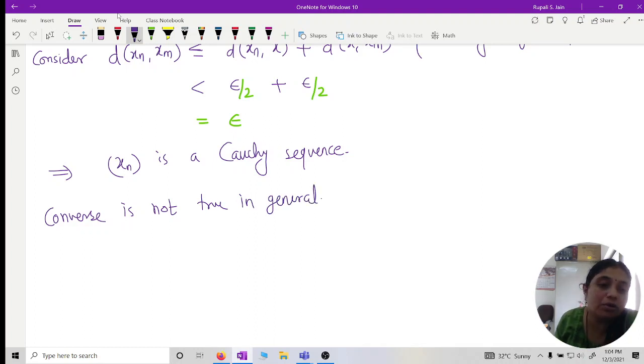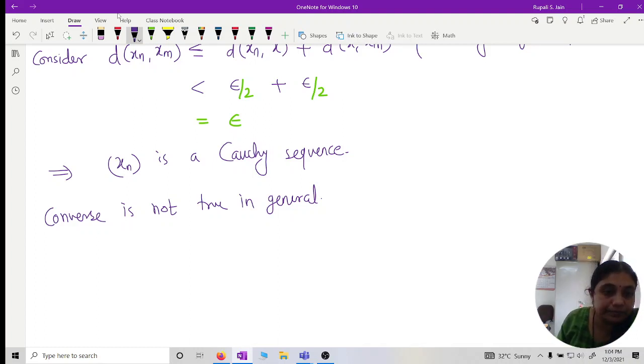If I want to show the converse is not true, it means I want to give an example of a metric space in which a sequence is Cauchy but not convergent. Okay, I want to give an example of a sequence which is Cauchy but not convergent.